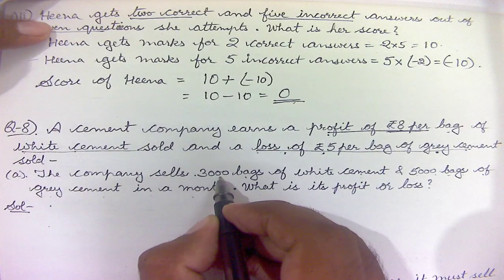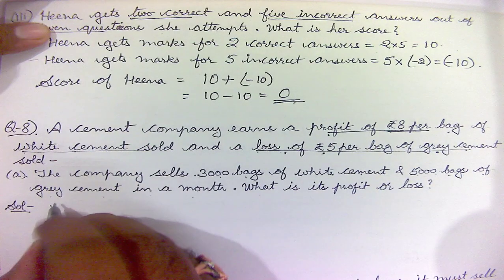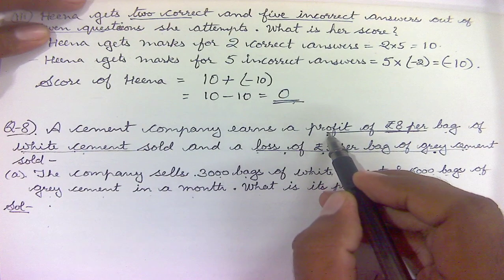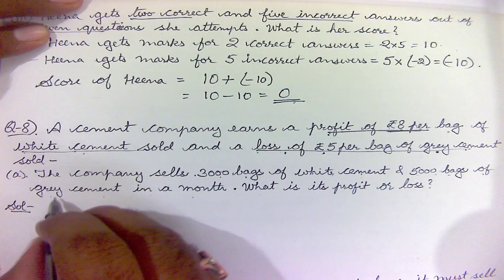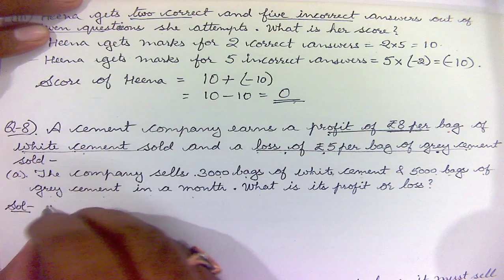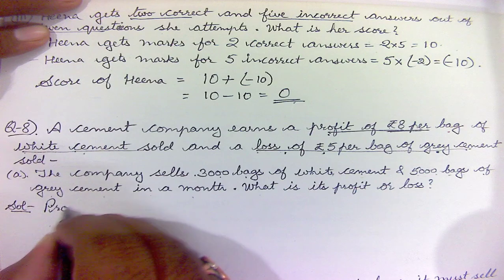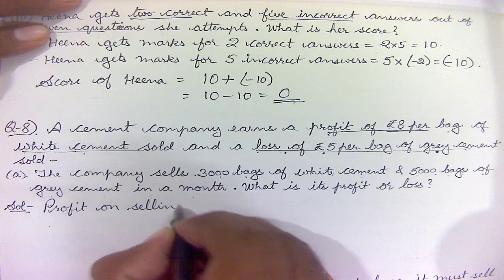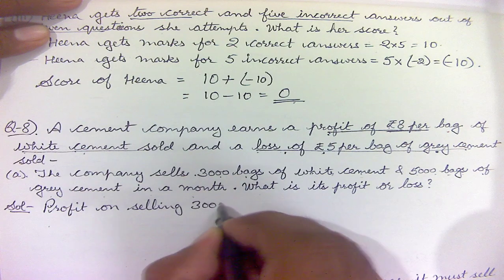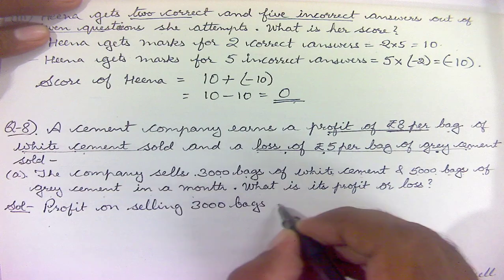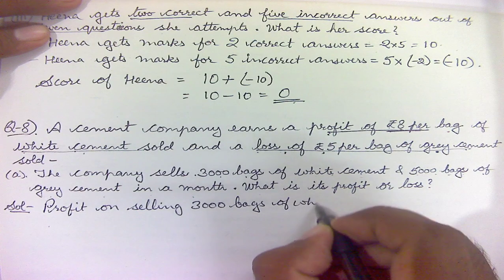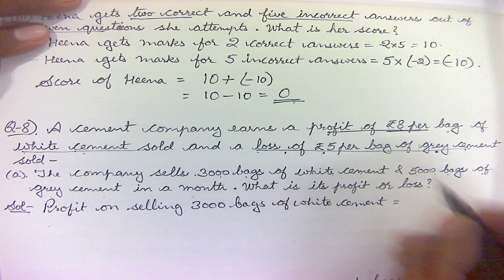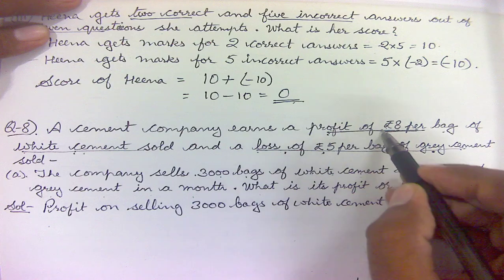So how many bags are sold of white cement? 3000, and for one bag of white cement there is a profit. So what will be written now? Here you can write it like this: profit on selling 3000 bags of white cement, because white cement bag is giving a profit of 8 rupees.